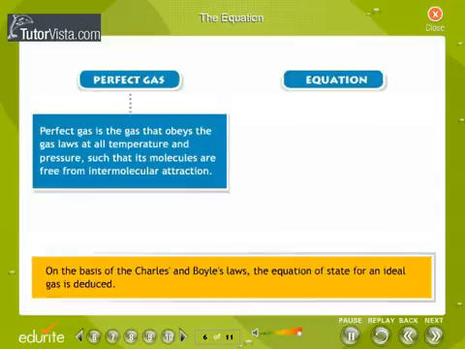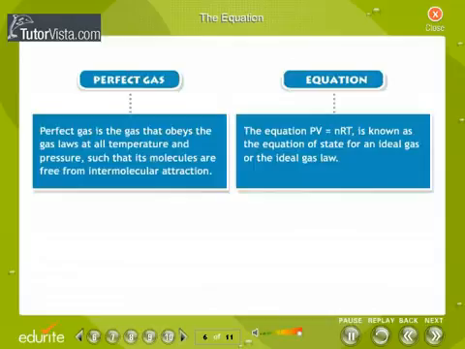On the basis of Charles' and Boyle's laws, the equation of state for an ideal gas is deduced. The equation PV = nRT is known as the equation of state for an ideal gas or the ideal gas law.